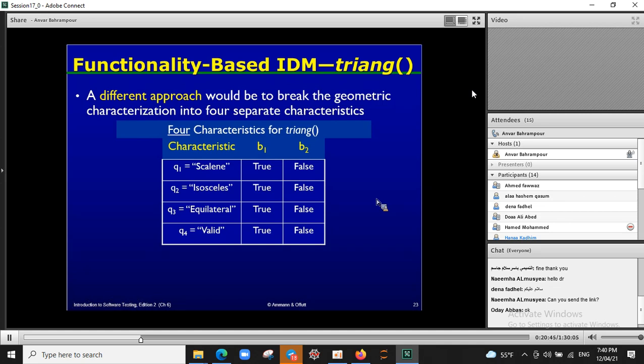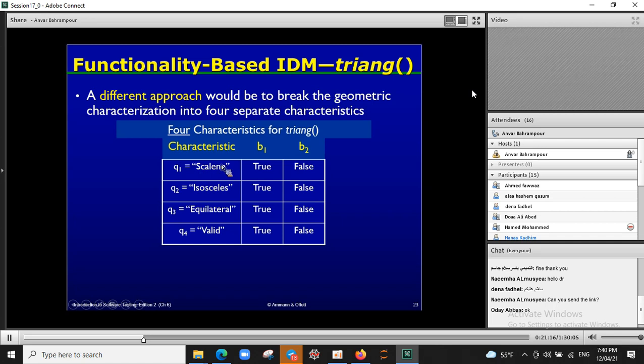There is another functionality-based input domain modeling in these slides, as you could see. Another partitioning approach could be to break the geometric characterization into 4 separate characteristics.